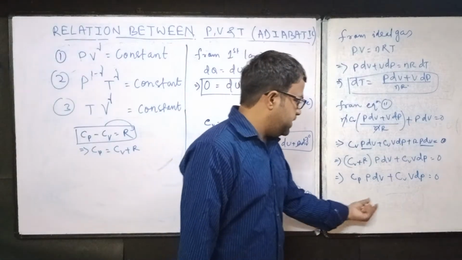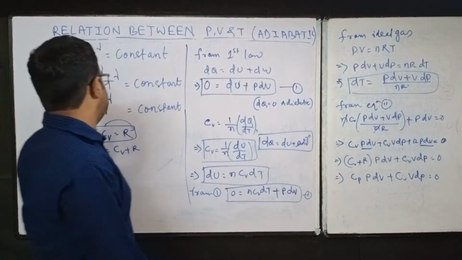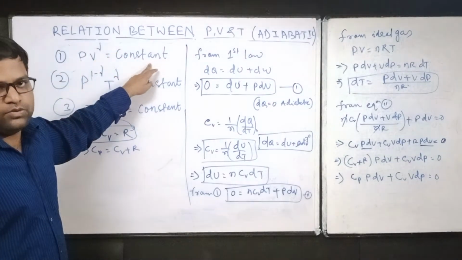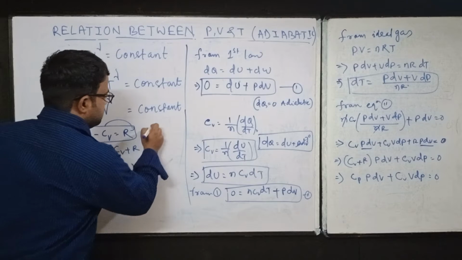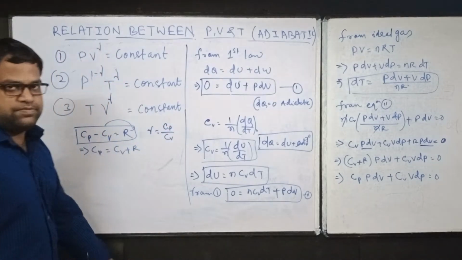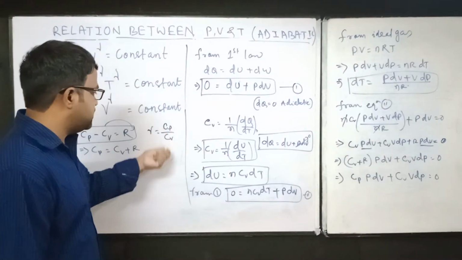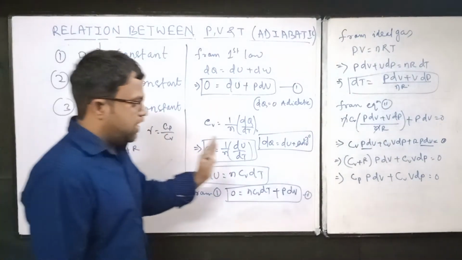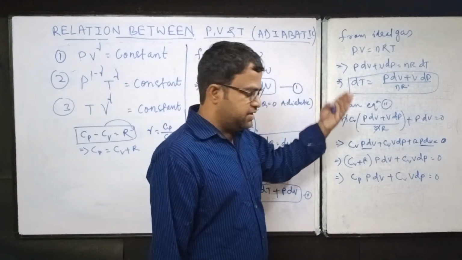Fine. Now I'll divide by Cv on both sides. Why will I divide? Because my target is to prove PV to the power gamma equal to constant. Gamma is the ratio between Cp and Cv, the specific heat capacity at constant pressure and specific heat capacity at constant volume. So I'll bring it to this form to reach my target.